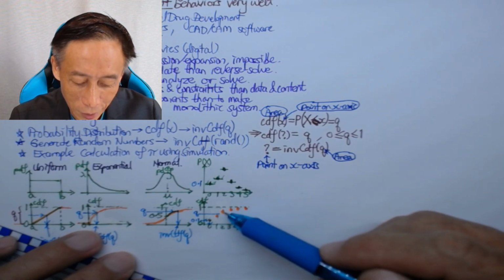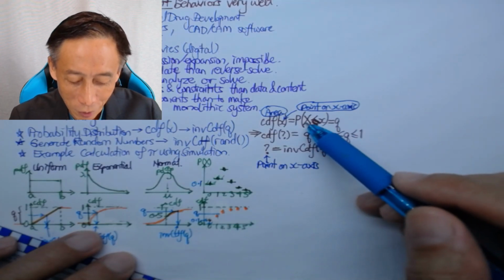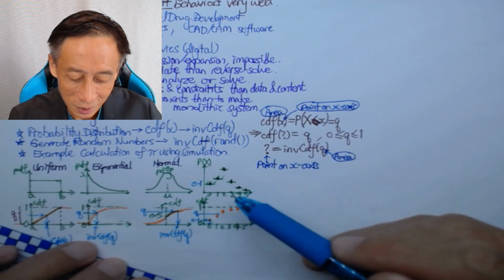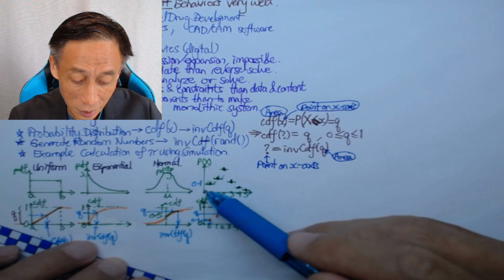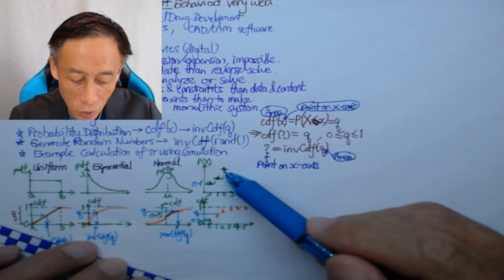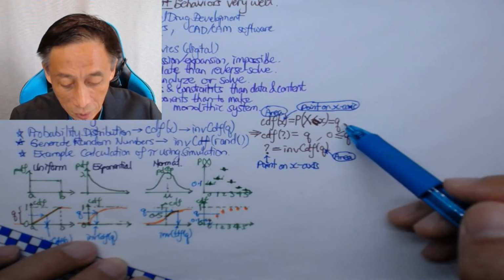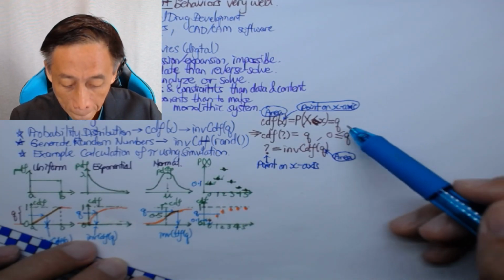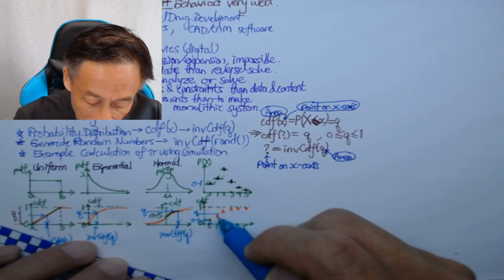If you look at the probability histogram up here, the probability of x less than or equal to 2 is actually 0.7. So that's exceeding the Q already, right? So we won't do that. We will end up using the 1 value here.